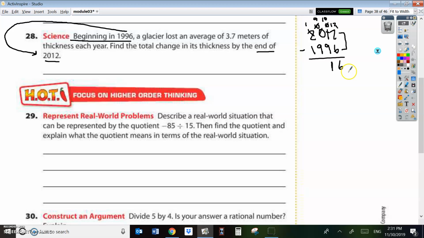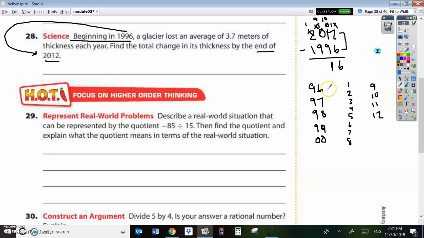So let's check and see how many years that is. 96, 97, 98, 99, and then 2000 plus 1, 2, 3, 4, 5, 6, 7, 8, 9, 10, 11, 12.